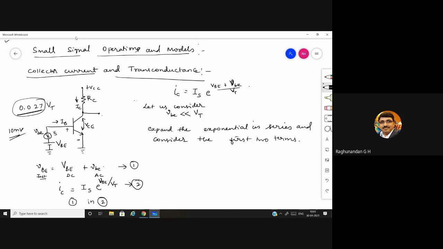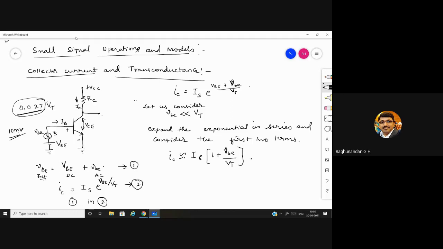Then we get IC approximately equal to IC into 1 plus VBE by VT. This is the equation we are going to get.